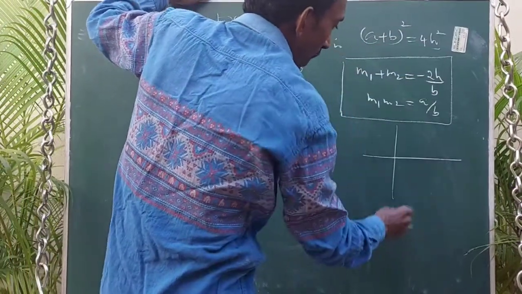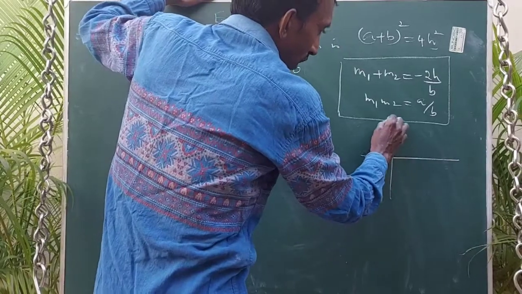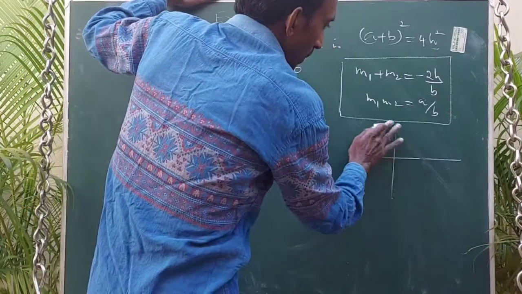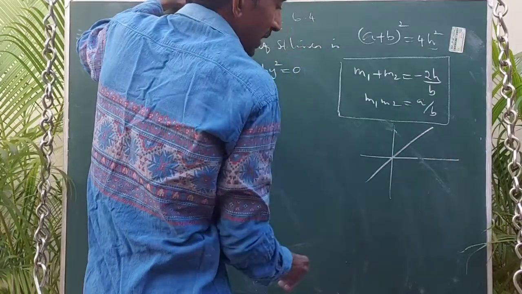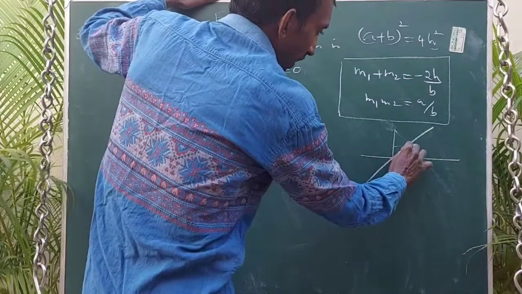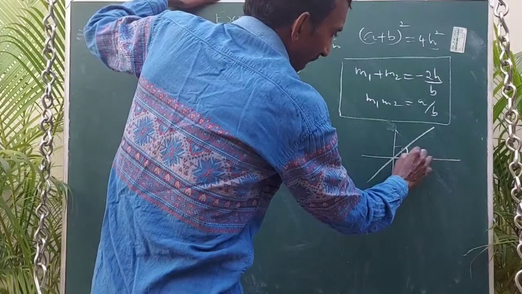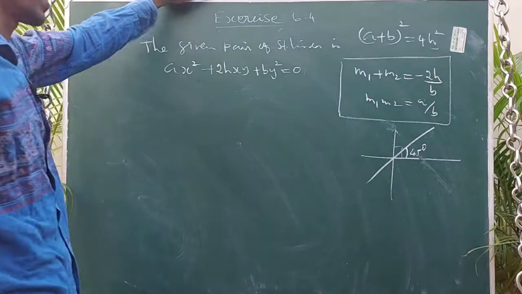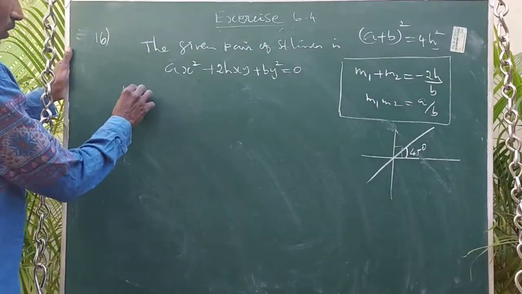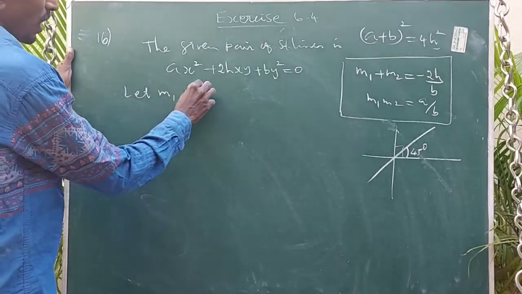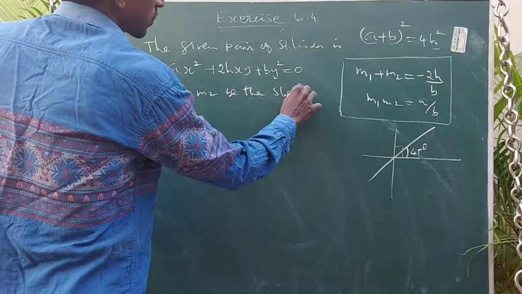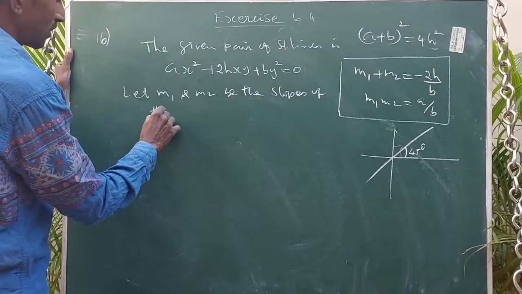Listen, my dear student. So this is the coordinate axes. Assume that one of the straight lines bisects the angle between the coordinate axes; the angle between the axes is 90 degrees. So bisect means the angle made with the x-axis is 45 degrees. It is given in the question. So let m1 and m2 be the slopes of the lines.